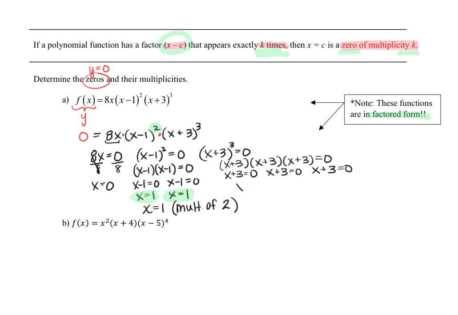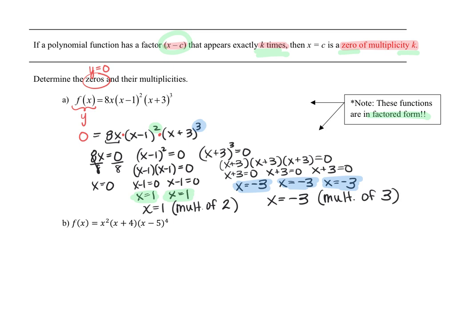Once again, as we move forward, we won't actually write all this work out, but I like to write it out once to show you that we do get the answer of x equals negative 3, and we're getting that answer 3 times. So we have a zero, and this zero appears 3 times, and we could have seen that in the beginning up here from our factored form because of the exponent of 3. So we can say we have the zero of x equals negative 3, and that is a multiplicity of 3.